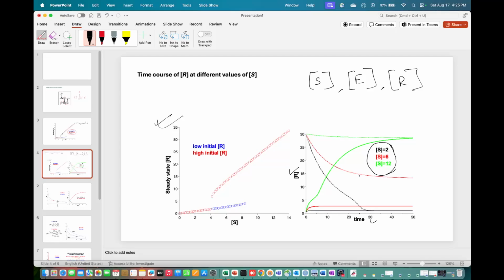So what is happening is, sorry, one second. Just a second, I just want to check what the values used for R are.